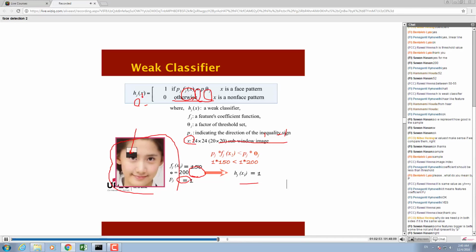So we can determine p. This is the basic formula: f is less than threshold theta. This is the face. But if f should be larger than the threshold to be a face, then we can give p negative 1. Okay, so p is positive 1 or negative 1.